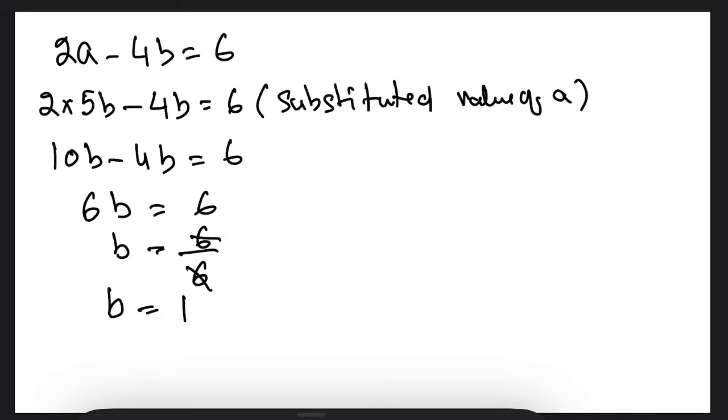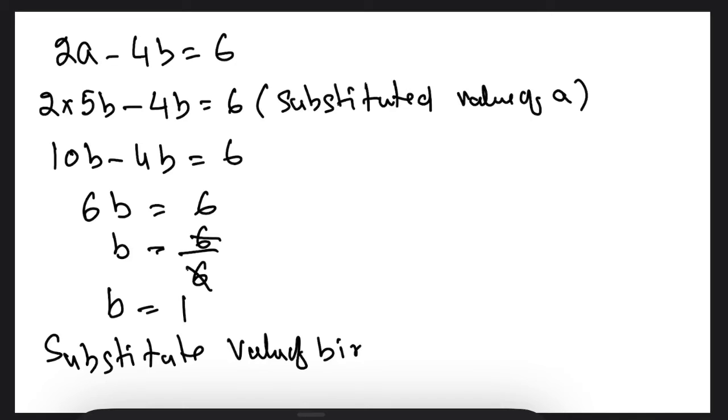Okay, now substitute the value of b in 5b equals a. So 5 times the b value 1 equals a.